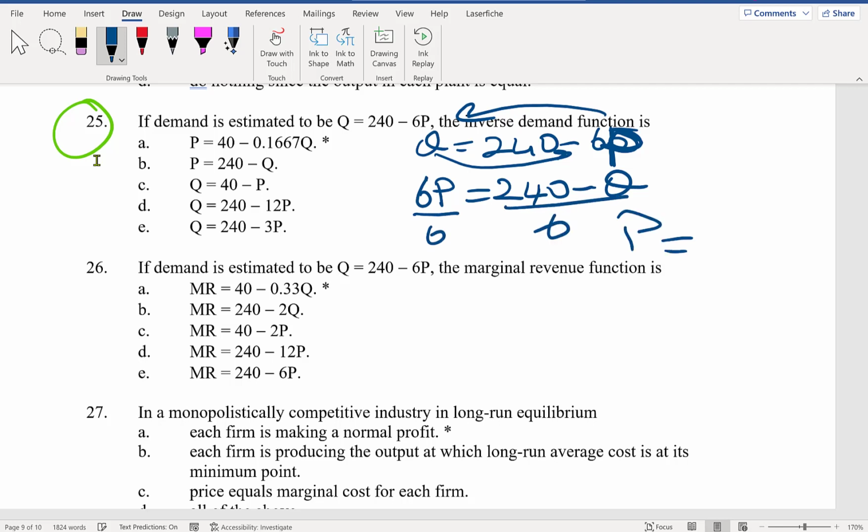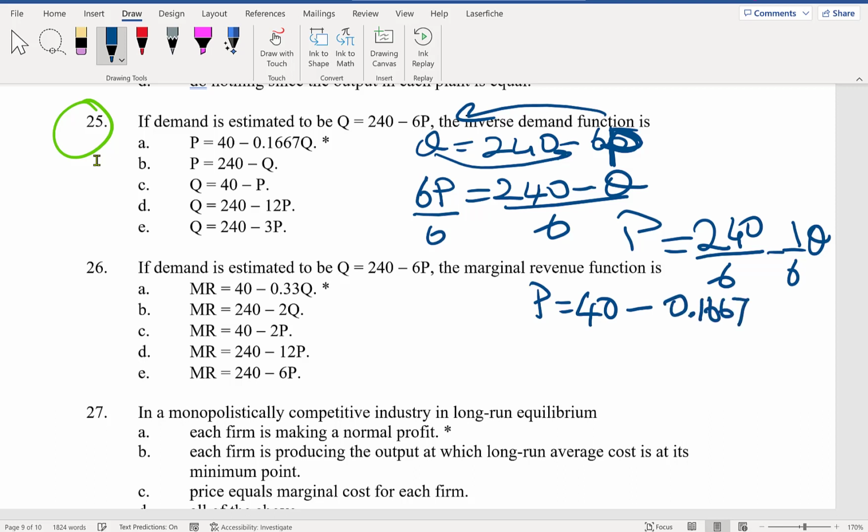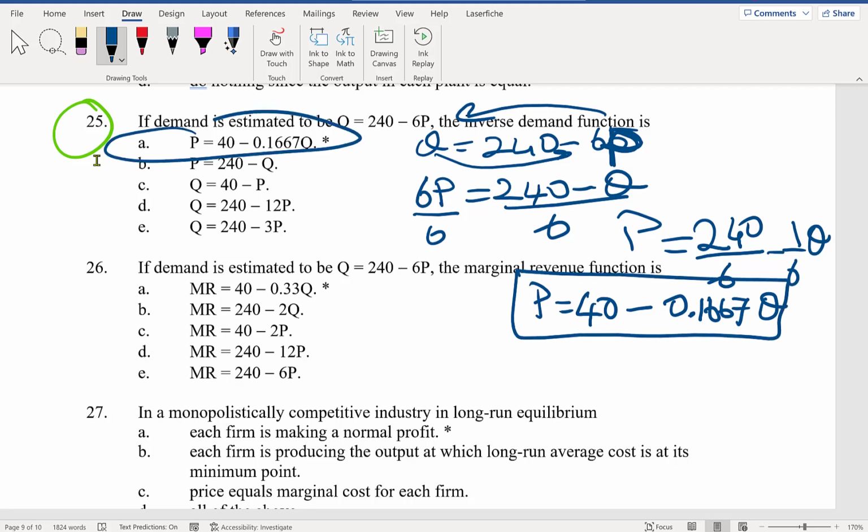Price equals 240 divided by 6, which is 40, minus 1/6 quantity, so 40 minus 0.16667 Q. This is it. So the correct answer is A.